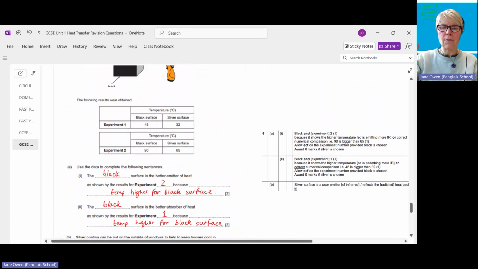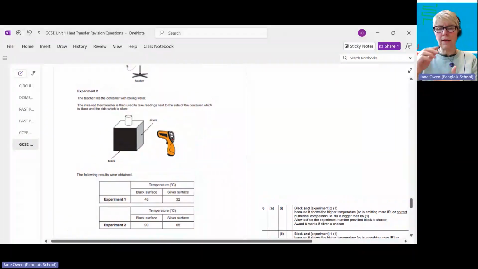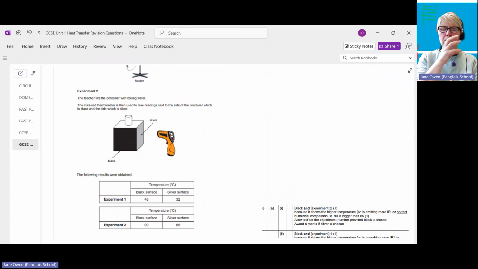Remember that you've only got the three to deal with: conduction, convection, and radiation. Conduction is in solids only, where the particles are fixed. Conduction is by particles vibrating and knocking on from one, and then making the neighbor vibrate more, and that knocks on to the next, and so on.